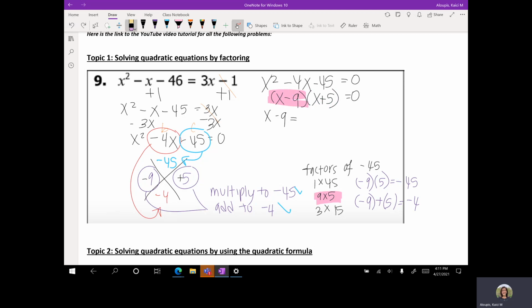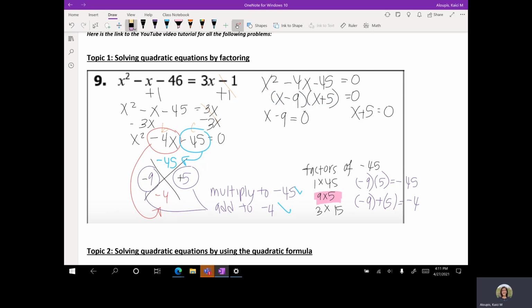Same thing for the other side. If we set this quantity, x plus 5, equal to 0, then this becomes 0, and the whole expression becomes equal to 0 and true.